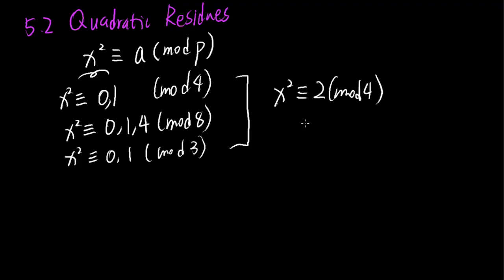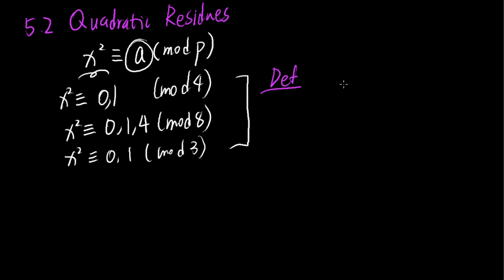It means that there are some constraints on a. a only exists in some circumstances. So there's a definition, the quadratic residue. We generally formalize our observation.